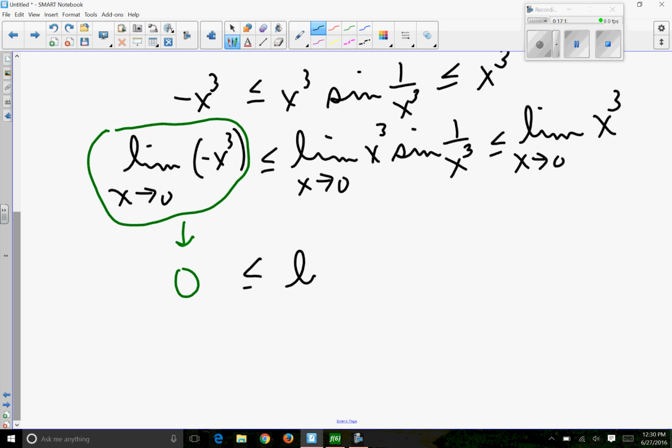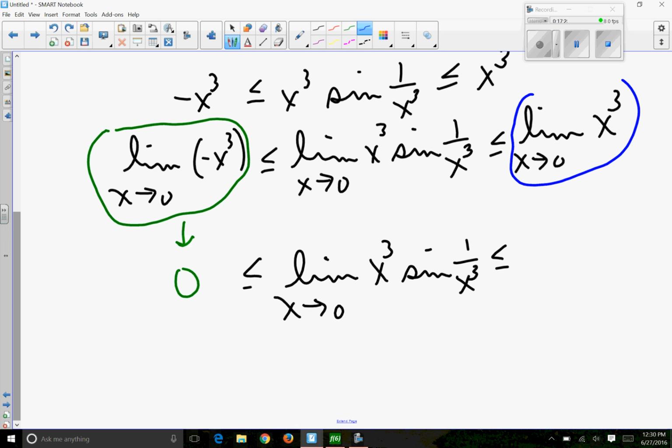Copy all this. Copy this less than or equal to symbol. And this limit is found by substitution. The limit of x cubed as x approaches 0 is 0 cubed.